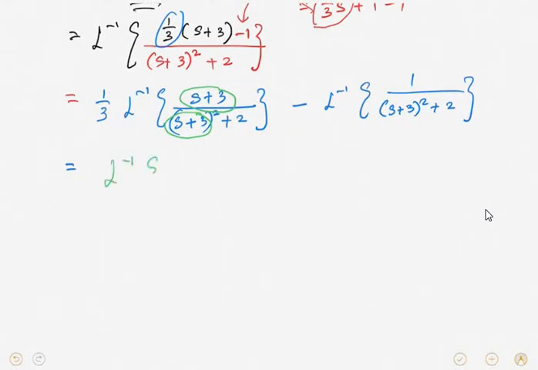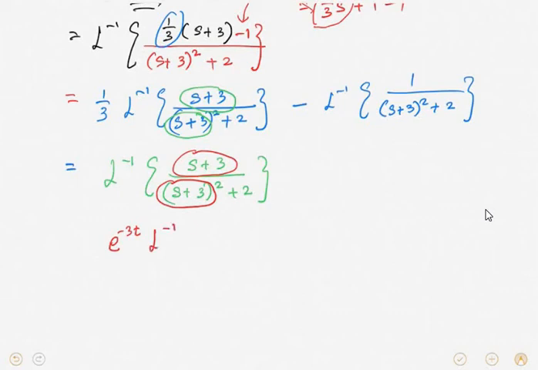Inverse Laplace transform of s plus 3 over s plus 3 squared plus 2, what we will obtain. Okay, if using the first shift terms, numerator we have s plus 3, denominator also have s plus 3. And we use the first shift theorem, we obtain exponent negative 3t, and then inverse Laplace transform of, and the answer will be equal to s over s squared plus 2.